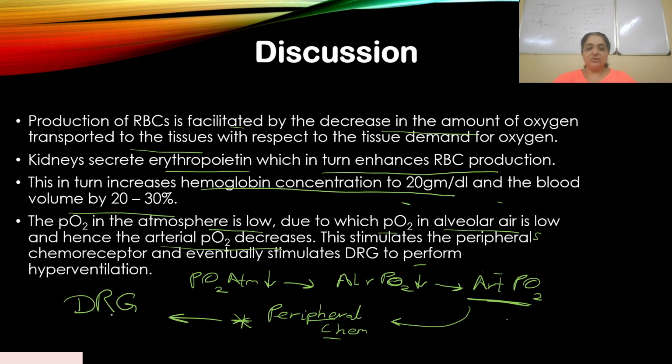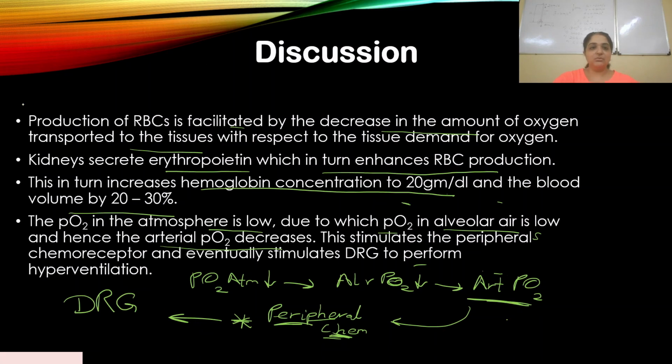They stimulate the dorsal respiratory group of neurons, and they trigger them to send a signal to hyperventilate. So peripheral chemoreceptors play an important role in this, and they in turn stimulate the DRG to perform hyperventilation. That is how the breathing rate increases.